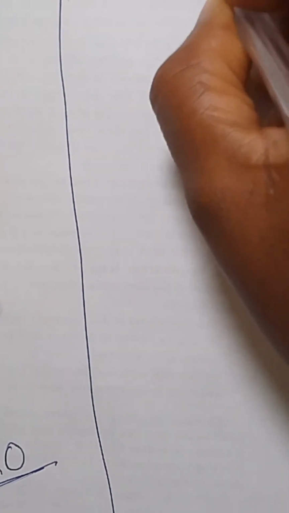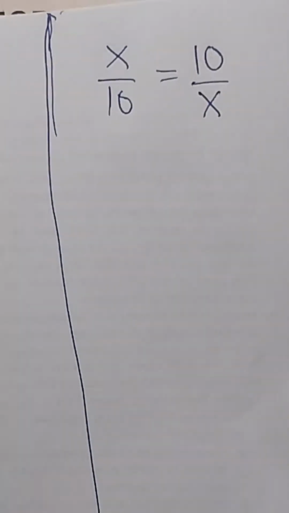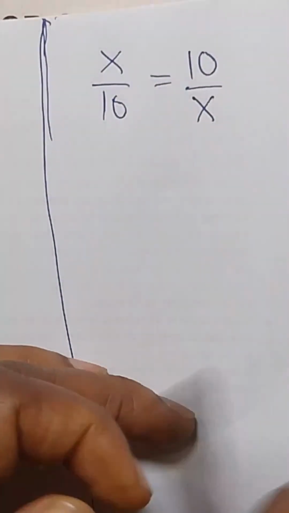We have x over 10 equal to 10 over x. Okay, so this is what we have, and I'm going to solve it. The solution is you cross multiply.